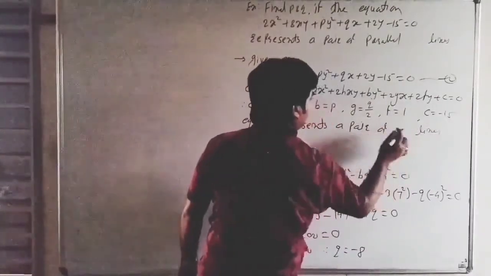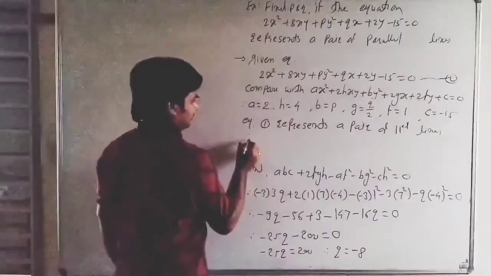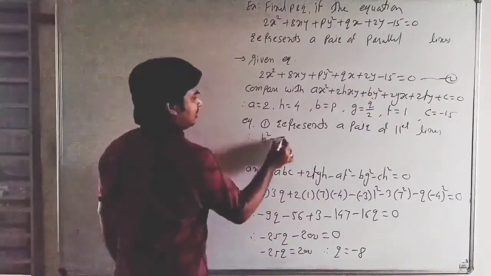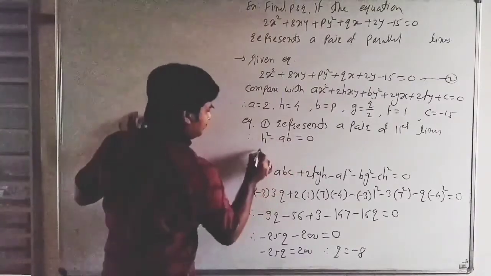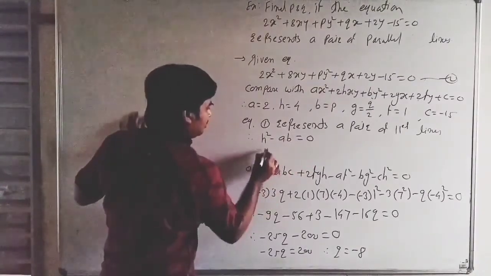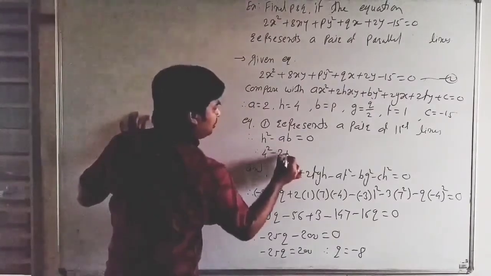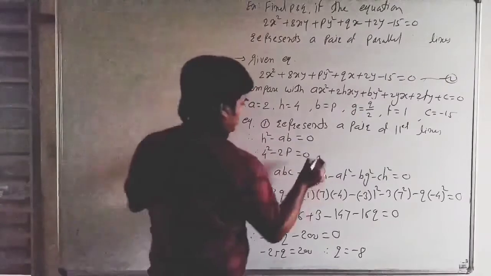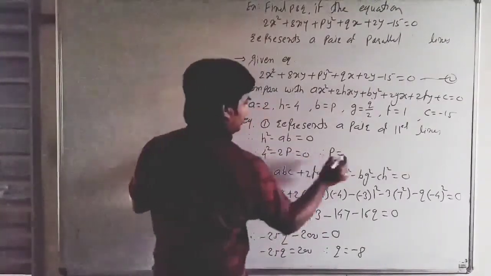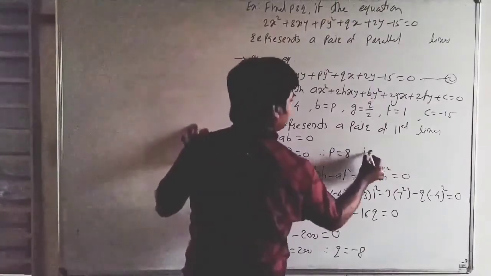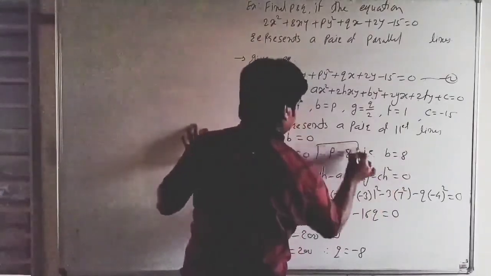Equation 1 represents a pair of parallel lines. Therefore the condition is h square minus ab is equal to 0. h square, 4 square minus ab, 2 into p is equal to 0. Therefore p is equal to 8, that is b is equal to 8. It is the first answer.